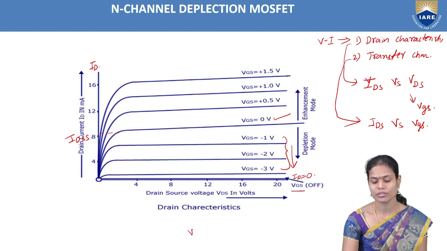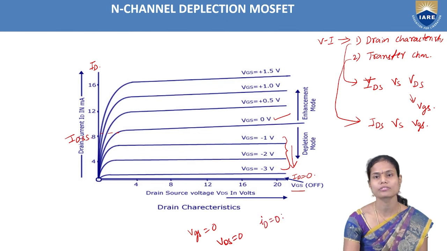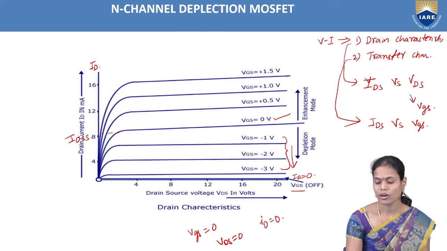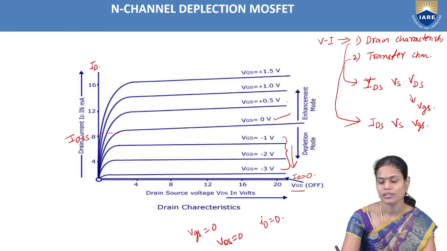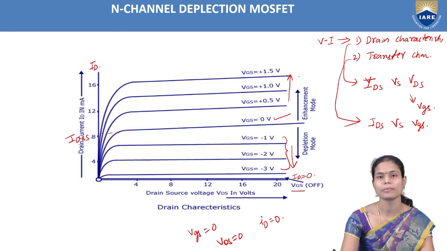Both voltages are zero, VGS is equal to 0 as well as VDS is also 0, which means no current will be flowing in the device, so we can say the device is in the cut-off or non-operation state. And similarly, if we increase the VGS voltage in the positive direction, the current ID will be increasing.